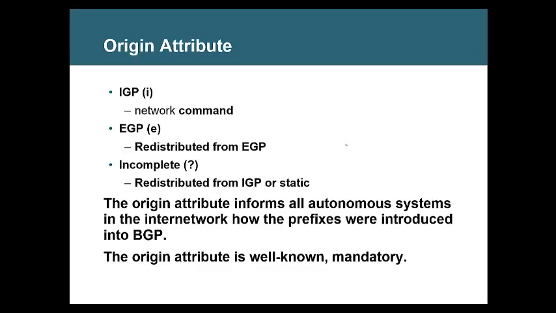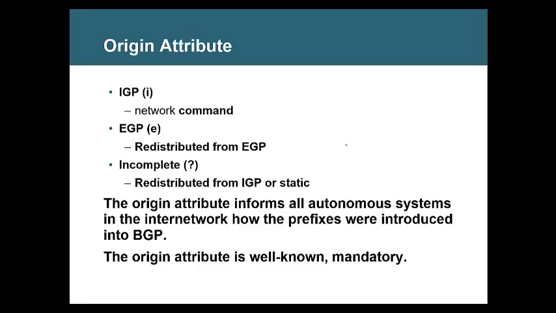Maybe if you have some old routers, like 25 years older, you may find EGP. And then the question mark is when we redistribute from some other protocol like OSPF or ISIS or a static route into BGP.